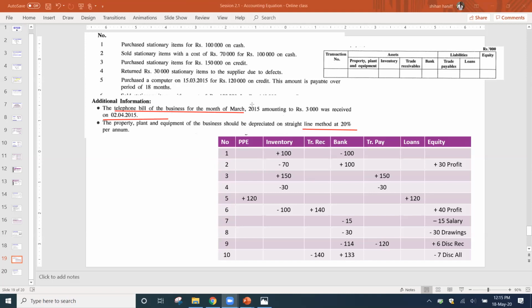Income statement means income minus expense. From the income we deduct expenses. So in our transaction table, without drawings, we have to take everything else. So let's draw an income statement.